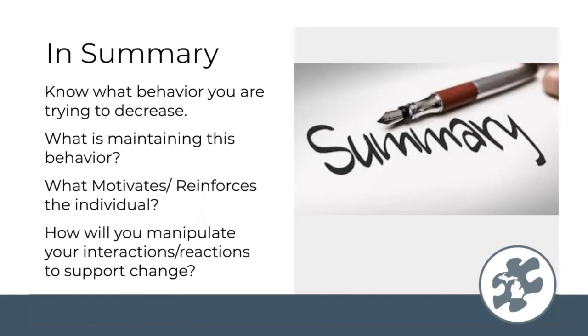This was intended to be an overview and to provide you with some basic information in terms of what maintains behaviors, what are the basics of behavior, and how can we go about manipulating some variables within the environment to see low intensity, low frequency target behavior decrease and look and see more of the positive behaviors increase in the individual's life.